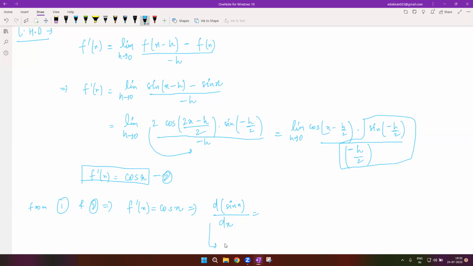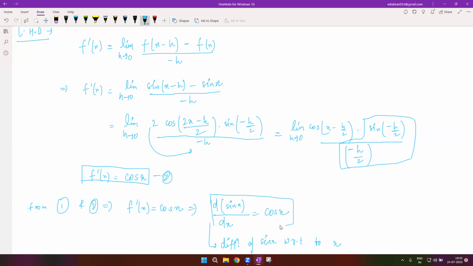This is read as: differentiation of sine x with respect to x is equal to cos x.